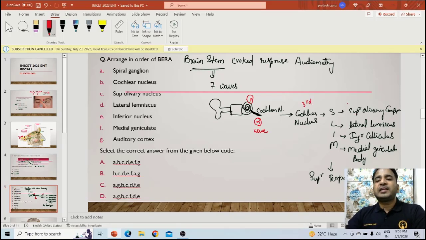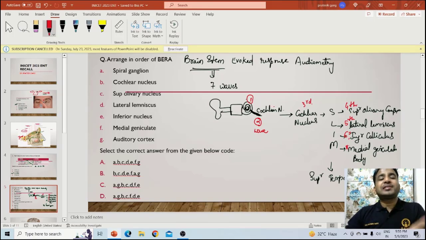Then the fourth wave is at the level of superior olivary complex, and the fifth wave is at the level of lateral lemniscus. Then the sixth and seventh waves are basically from the inferior colliculus, not the medial geniculate body. Nothing to remember; we have to remember mainly up to the level of wave 5, which comes from the lateral lemniscus.